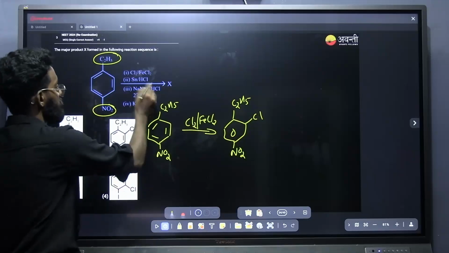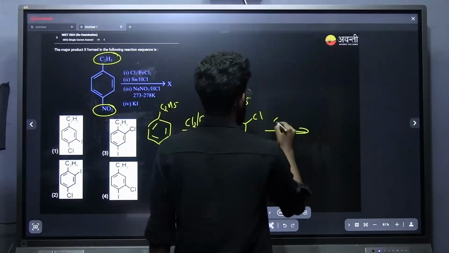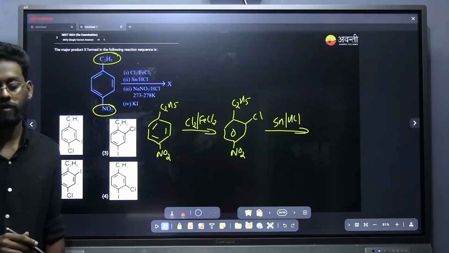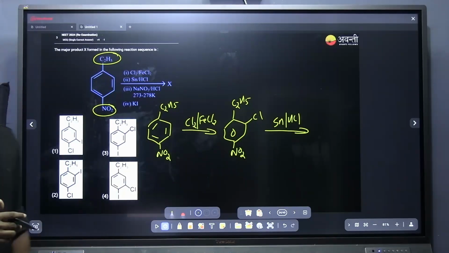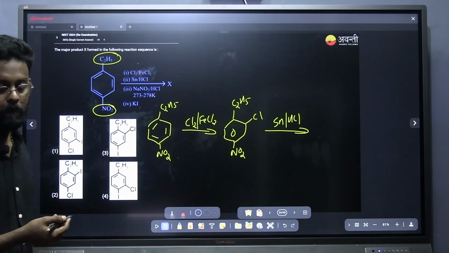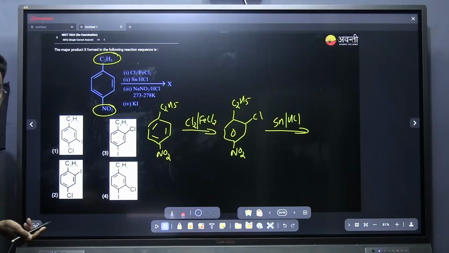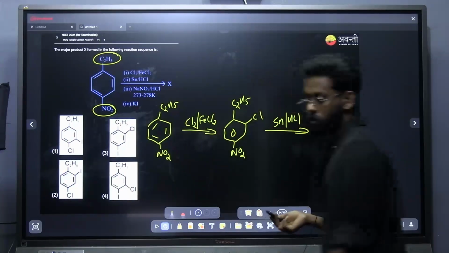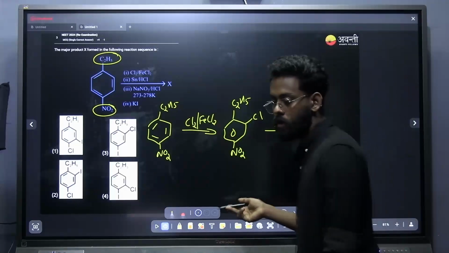Now next I will be treating it with Sn/HCl. Just now we have discussed what Sn/HCl will be doing to a nitro compound. What will Sn/HCl be doing? Nitro group, yes.